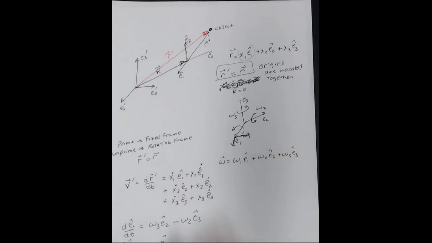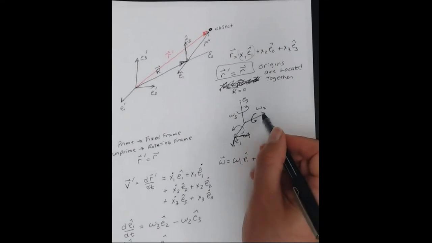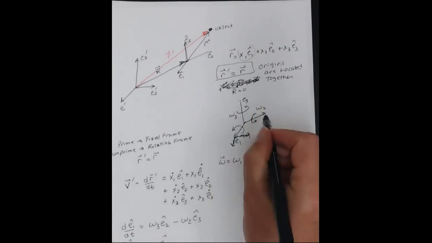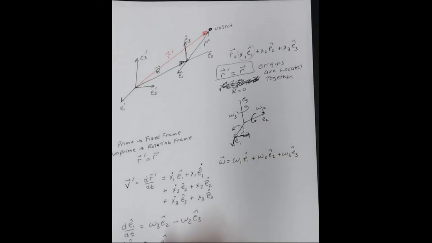I'm not sure what I was doing here. When you rotate around E3, it goes into the page, it goes that way in the negative E1 direction. So I should have put a negative E1 there, times omega 3.